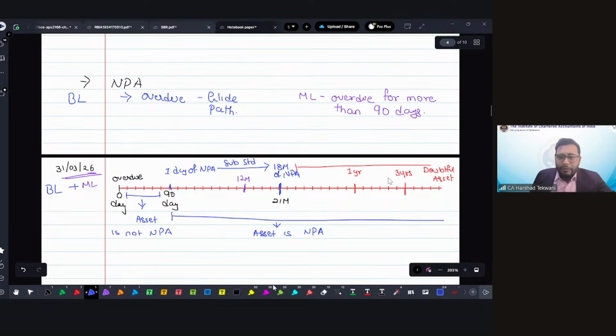So whenever we discuss now, we will only compare between the base layer and the middle layer. Reason being, upper layer has a classification from the point of view of risk, from the point of view that, okay, they are the top 10, so they need to maintain more capital. They have more disclosure requirements compared to middle layer or base layer.